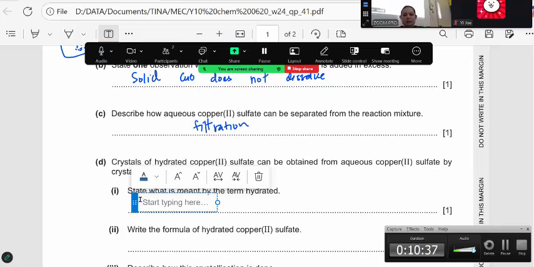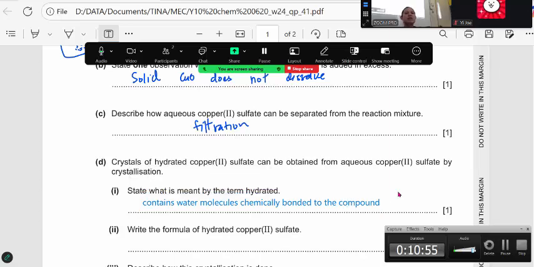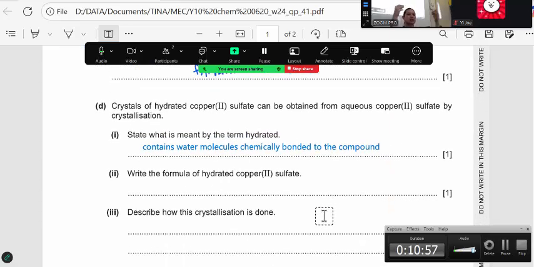So: contains water molecules chemically bonded to the compound or to the salt. That's what hydrated means. It's not a solution; the water molecules are chemically bonded there, and it's a solid.